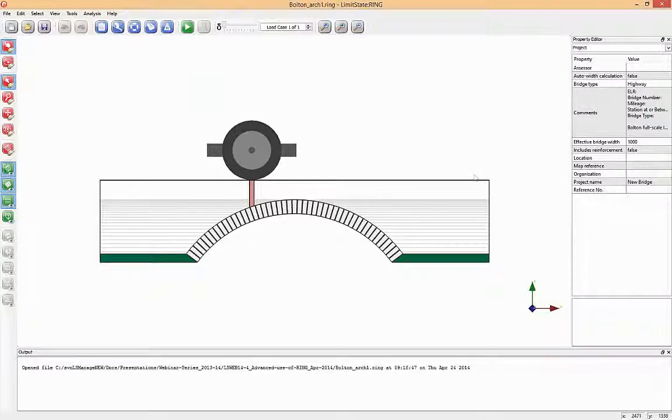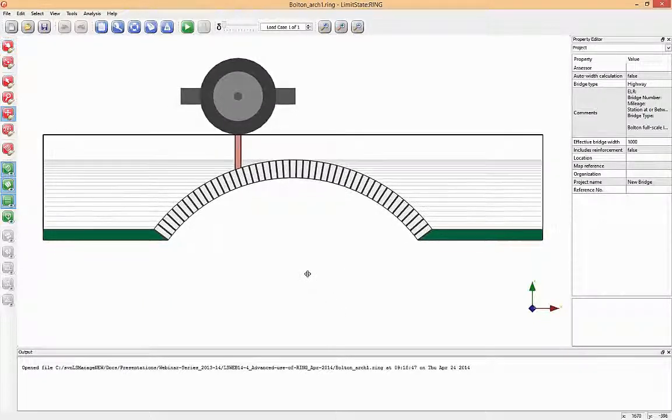You can see the standard view of the software, which assumes that you have backfill. Actually, I've effectively switched off the backfill by assigning it 0 unit weight, and also there's no dispersion. So basically what we have is a model of arch 1.